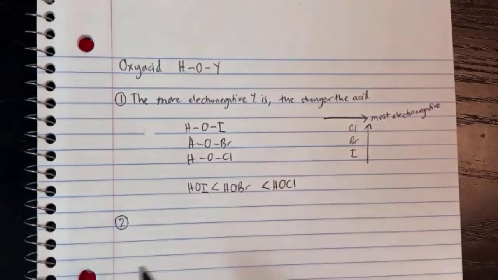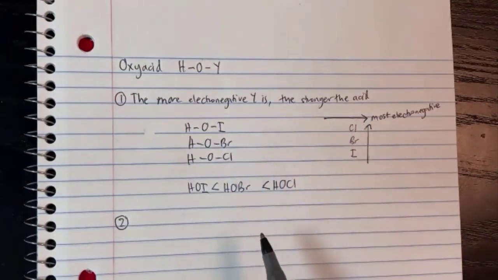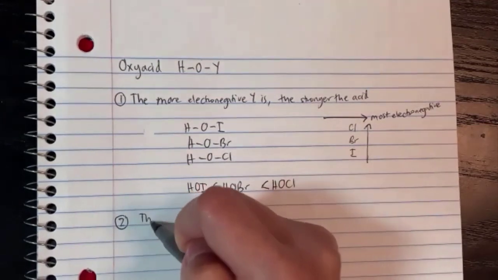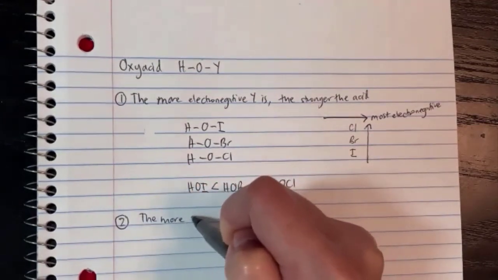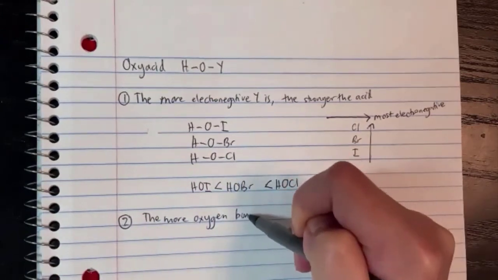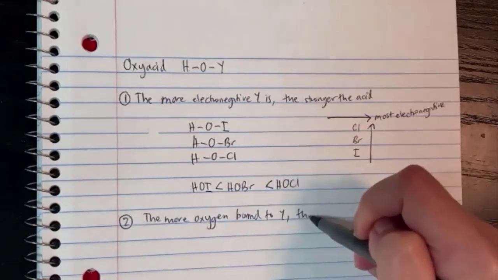The next one, after you judge electronegativity, if they both have the same electronegativity, you judge how many oxygens they have. The more oxygen bound to Y, the stronger the acid.